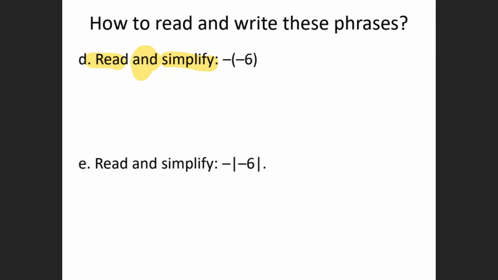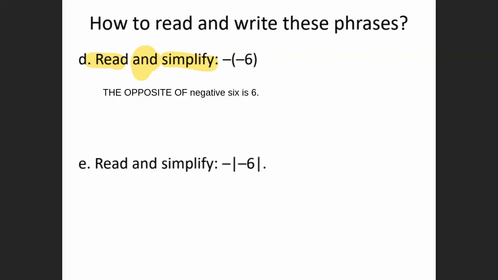Okay, to write the phrase in words, we begin: the opposite of negative 6 is positive 6. Now, do I need to write a sign with that 6? No.